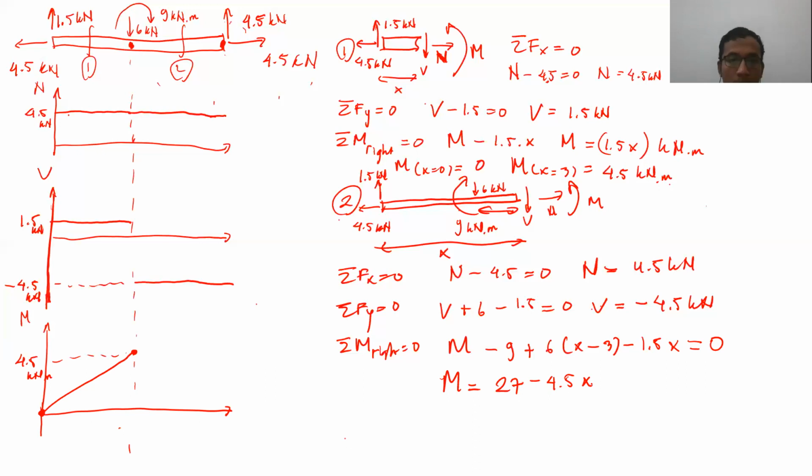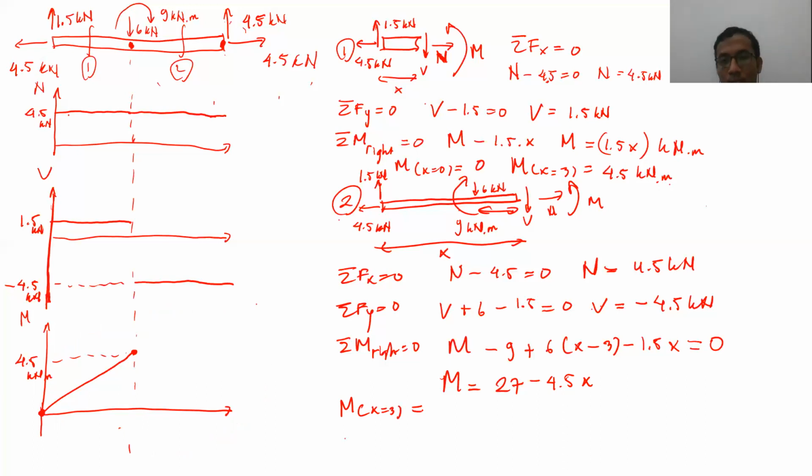Okay, then now we go back to the moment distribution. As usual, in order to find out the moment distribution, I will have to find out the value of moment at x equal to 3 and at x equal to 6.